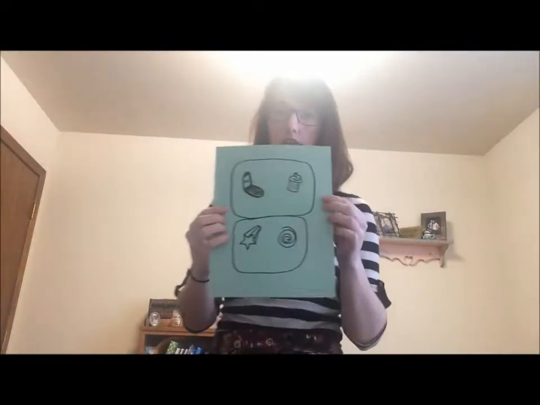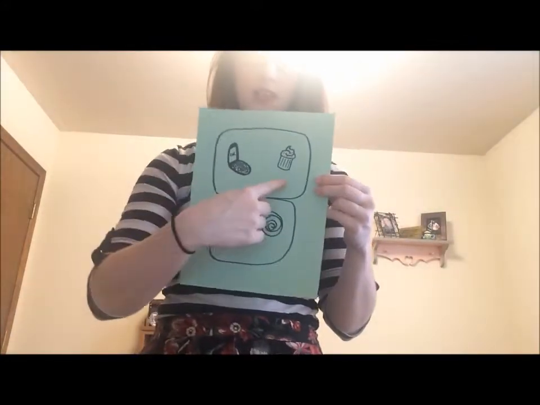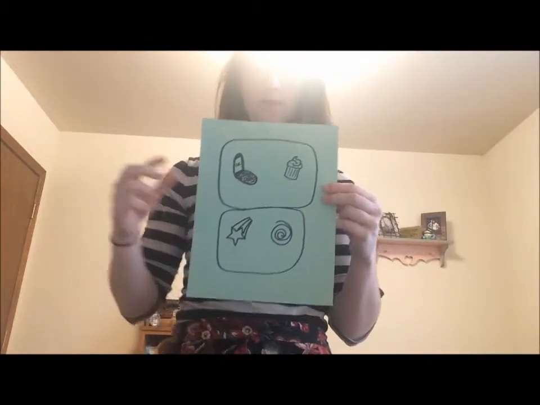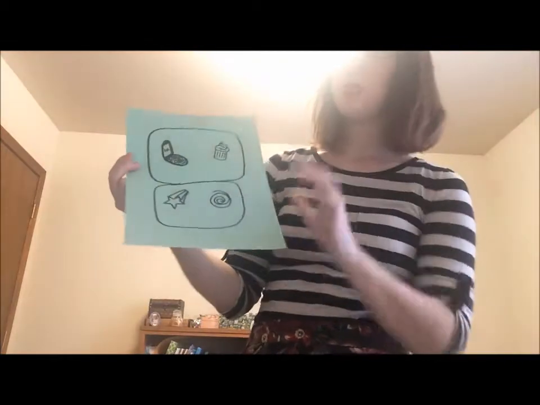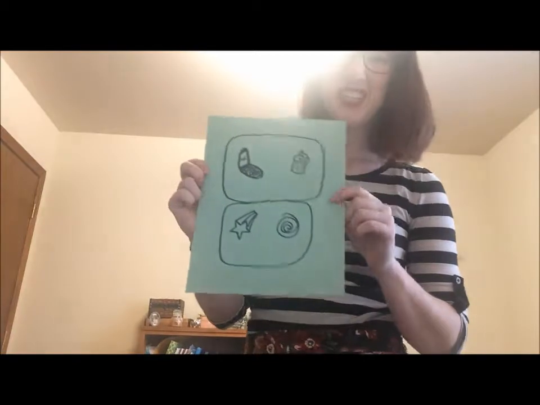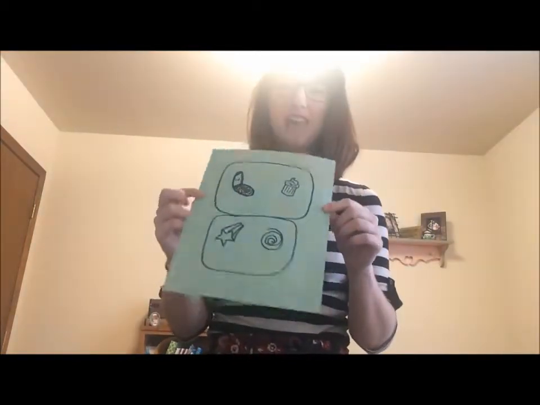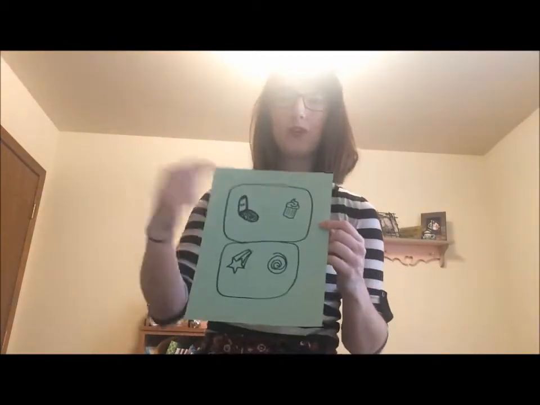So we would do that, and then after it's cut out, you will draw the items that you would like in your emergency kit. You can be as detailed as you want to be, but I would suggest using pencil first, and then after you write your descriptions, going back and coloring them in.